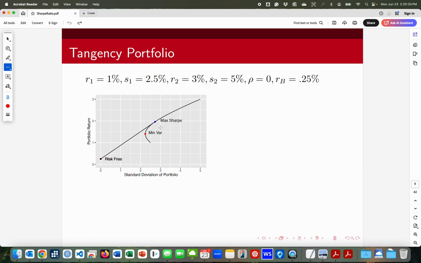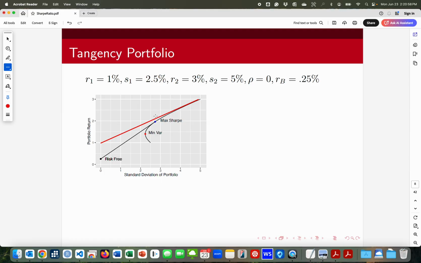Now, what happens if the risk-free rate were to increase? So let's say instead of the risk-free rate being down here in this example of 0.25%, what if it was at 1%? So what if we actually started right here? And now we tilt it over until we get to that efficient frontier. Notice that we're now somewhere up here for our tangency portfolio.